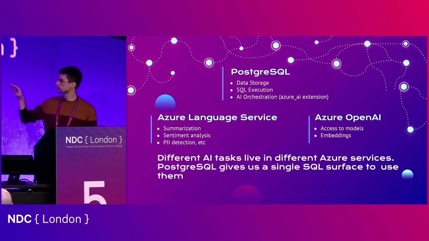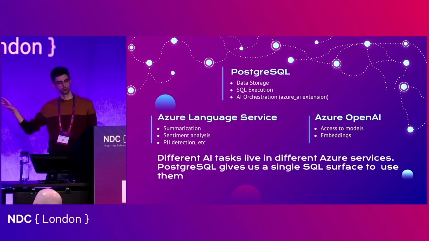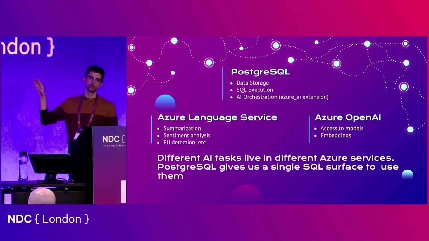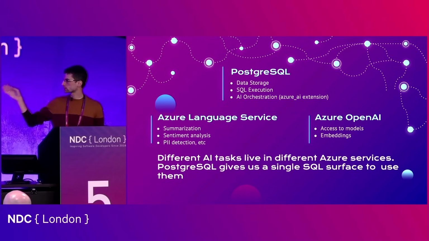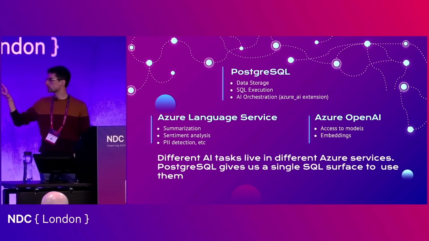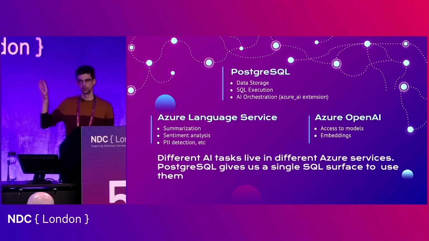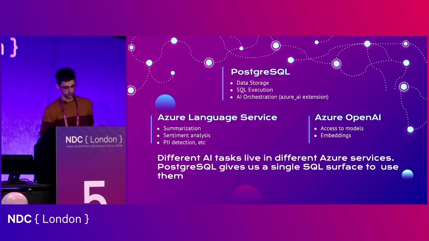The models run in different services like Azure Language Service or Azure OpenAI service. We can do summarization and sentiment analysis with Azure Language Service, and with OpenAI we get access to vector embeddings and other models.